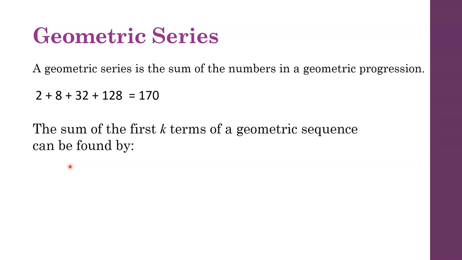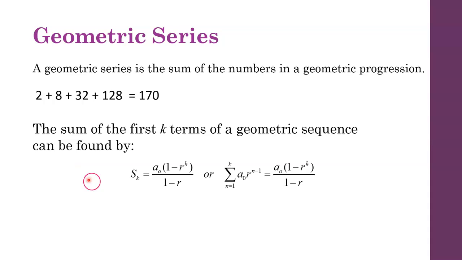So as a formula, if I have 4 terms or 5 terms or 20 terms that I want to find the sum of, as long as it's a geometric sequence, I can find the first k terms using this formula. So s sub k, that's the notation we use for the sum of the first k terms, is my a sub 0, my initial term, times 1 minus my common ratio to the kth power over 1 minus r.